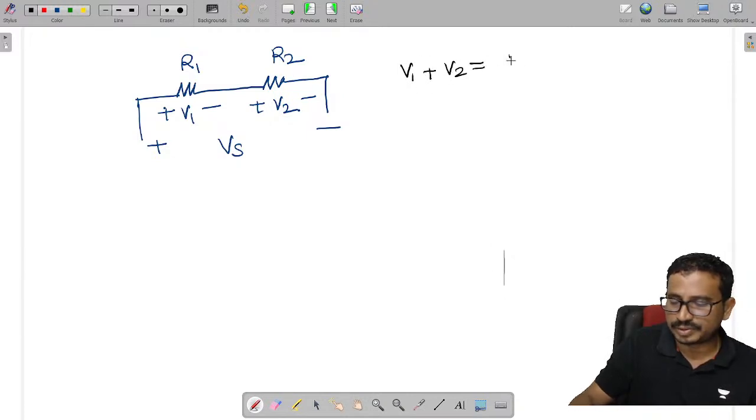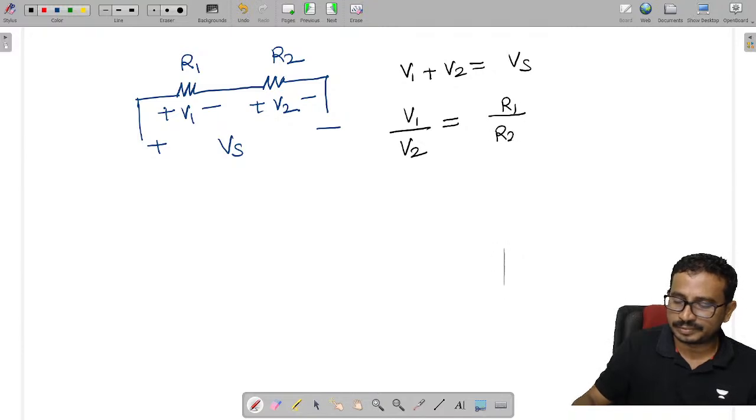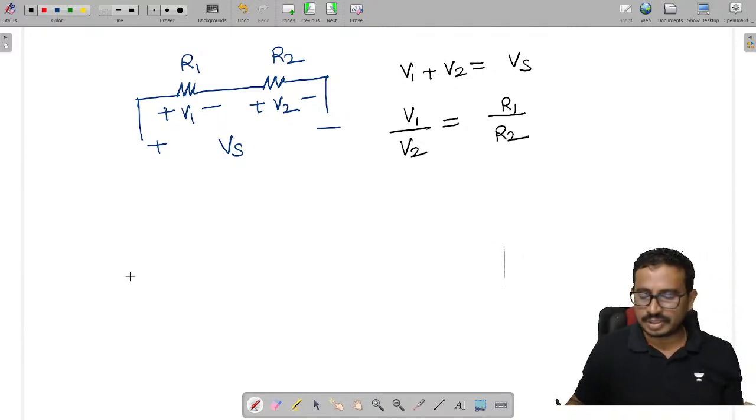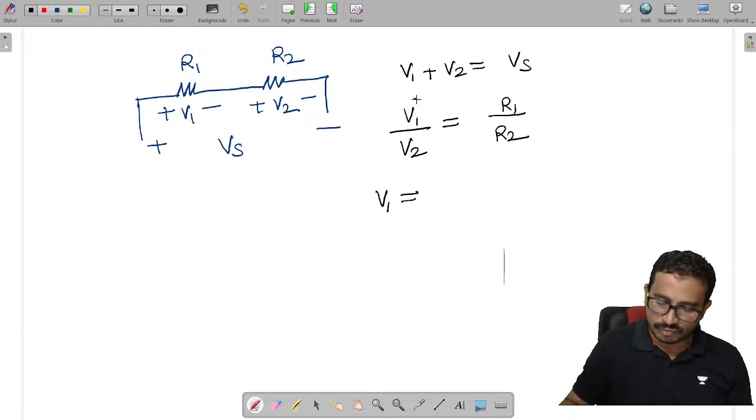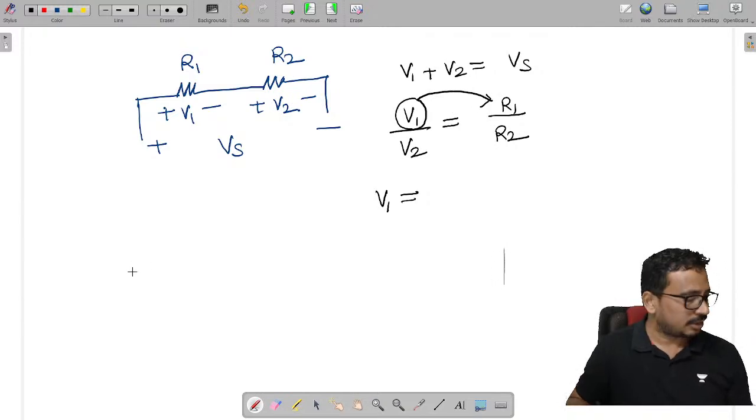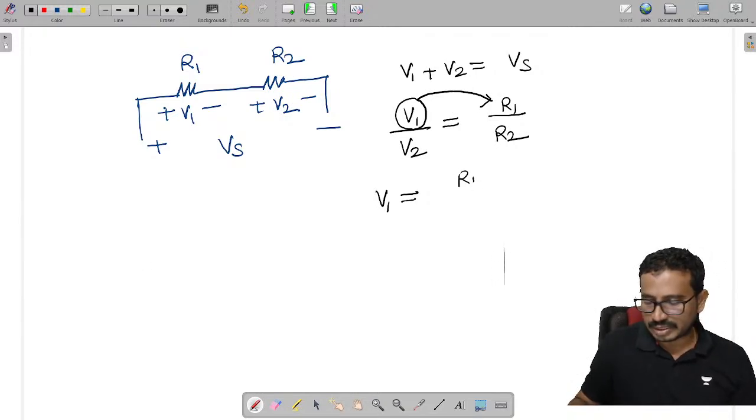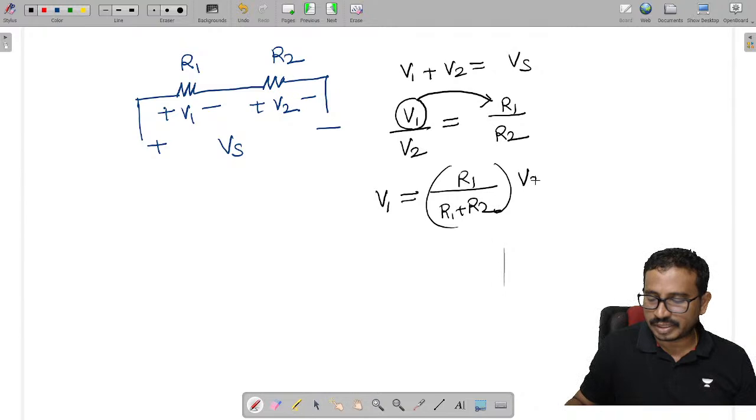V1 plus V2 is equal to Vs, and V1 by V2 is given as R1 by R2. So V1 is directly proportional to R1, and we can write it as R1 by R1 plus R2 into the total voltage.